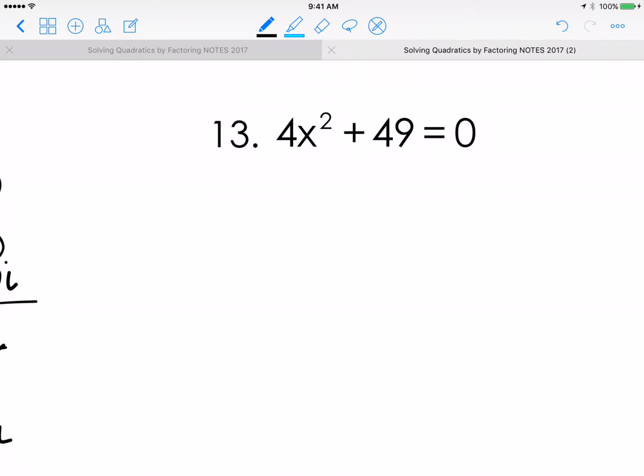Okay, I want you to try the last one on your own. So you can pause it right here and try it, or don't look up until you're done. I'm going to work it out, but you guys can stop for a second and then work it out on your own.